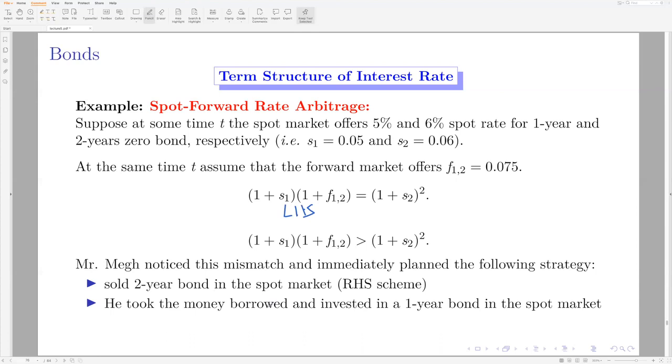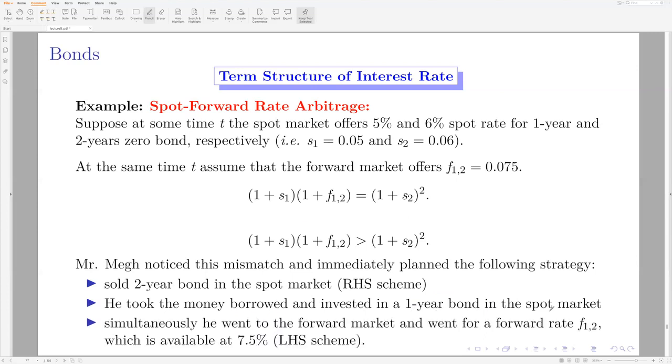That is, from here he will get money because he sold it. So he got money and invested it into the LHS scheme. It means he first bought the 1-year bond in the spot market at 5%, and simultaneously he went for the forward rate from 1 to 2 year, that is F12, which is 7.5%.